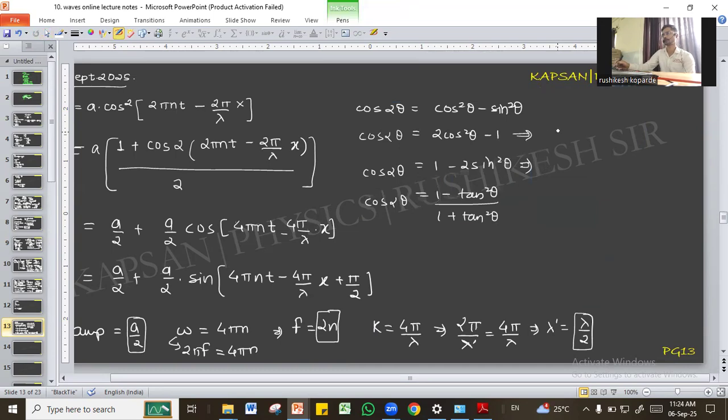So here we can write cos square theta is equal to 1 plus cos 2 theta whole divided by 2, and sin square theta can be written as 1 minus cos 2 theta whole divided by 2. Now remember this. This is how you will eliminate cos square and sin square and bring cos and sin.